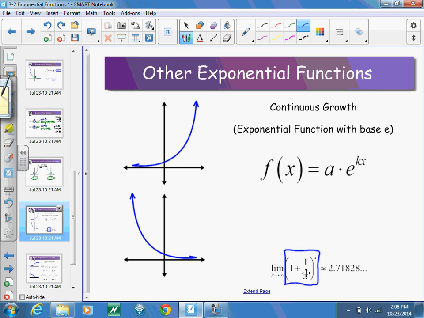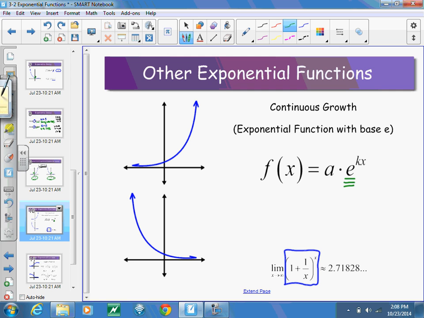And as the number of times that we are applying this growth rate increases, our function is going to go to this value of 2.71828, the limit as x gets really big. And that value is the number e.